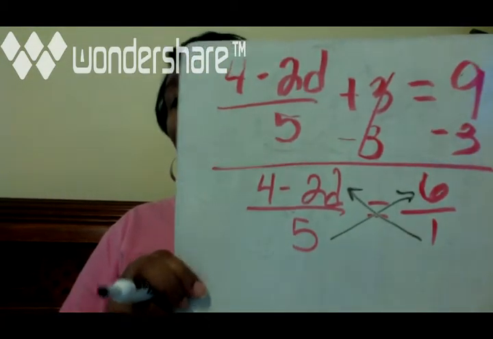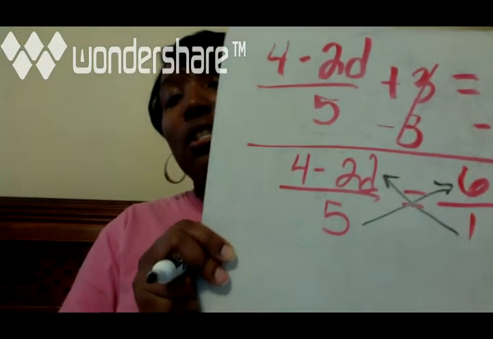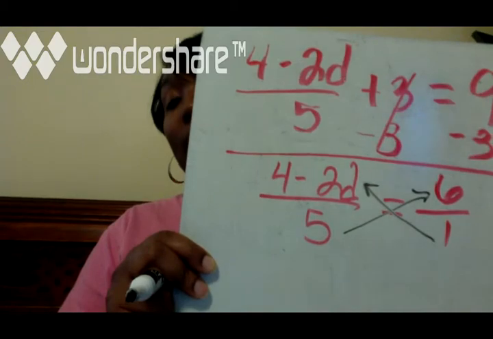So 1 times 4 minus 2d is just going to be 4 minus 2d, and then 5 times 6 is 30.